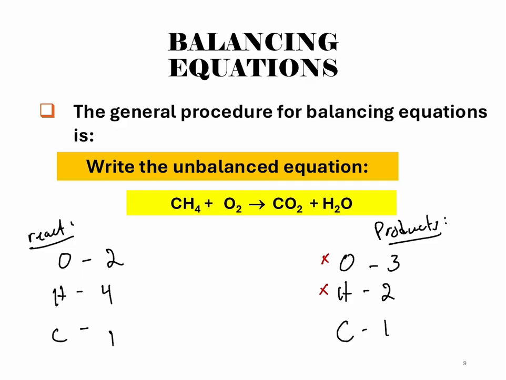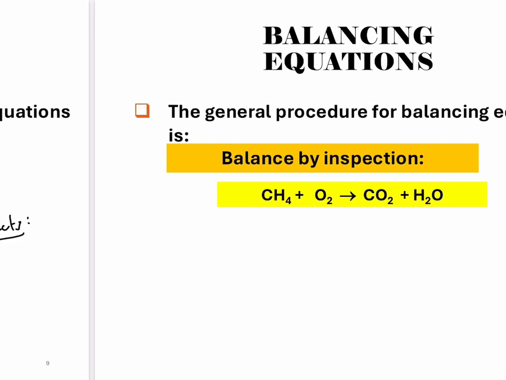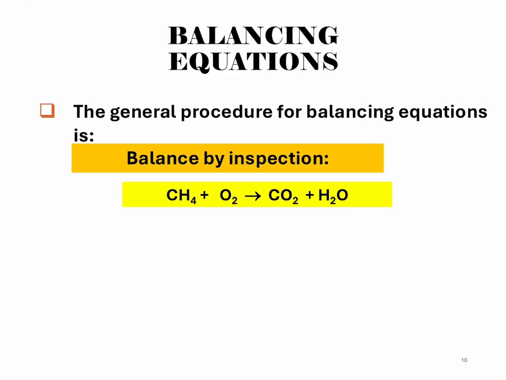All right, so we know we have to balance a couple things. In general, if you can start balancing by inspection, meaning you just know what the coefficients are going to be, then you can go ahead and do that. That's generally not going to work because it's not going to be obvious how things are going to balance.